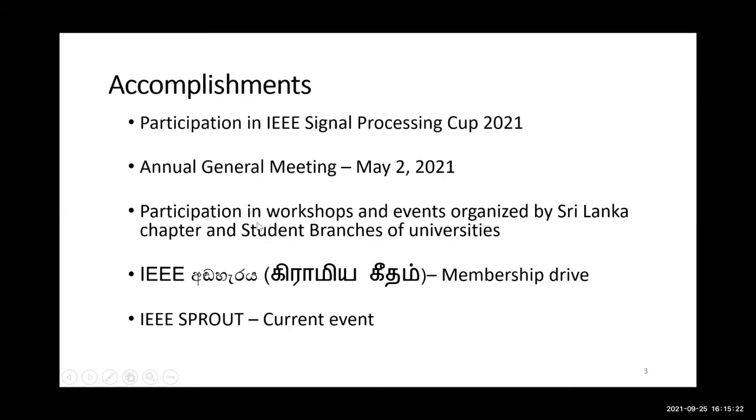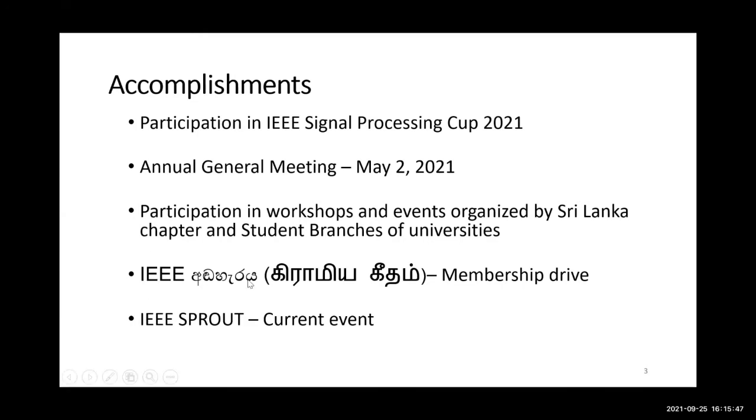From there on, our students and officers have participated in many voluntary activities. And then they benefited from many workshops conducted by other IEEE student branches around the country, right? So we have been benefiting from all the events going on under the Sri Lanka section.